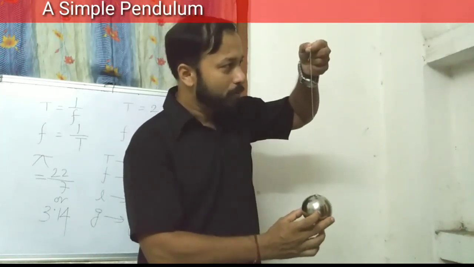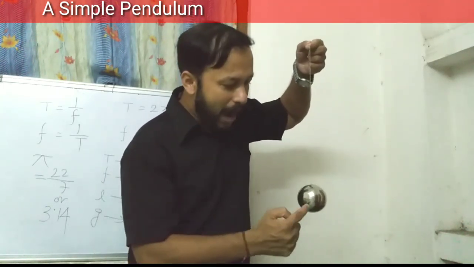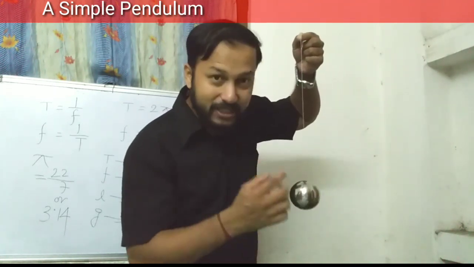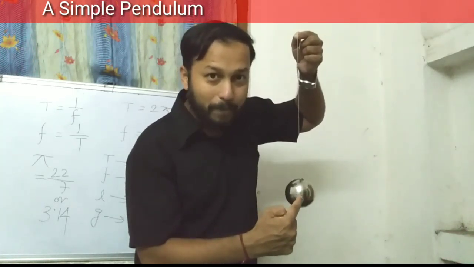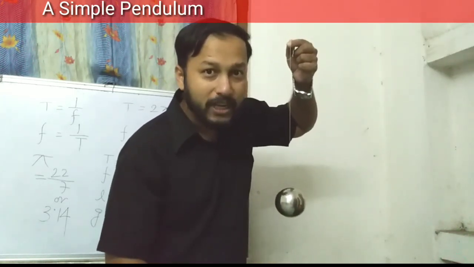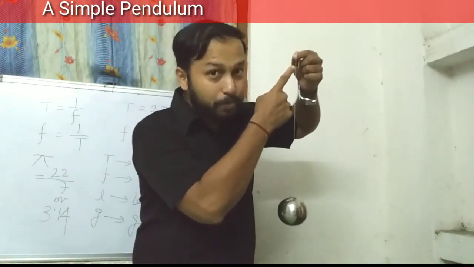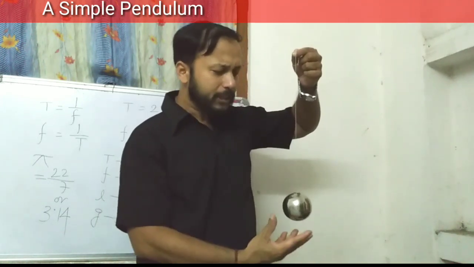Understood? So, this point is called point of suspension, and the center of this bob, where is the center? Here. That center is called point of oscillation. Understood? So point of suspension, point of oscillation.